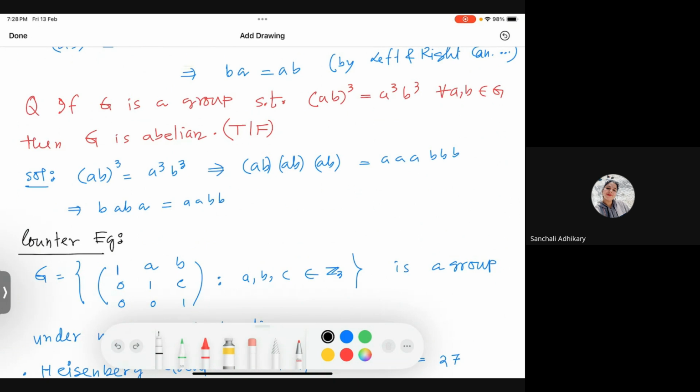If G is abelian, then (AB)^-1 is equal to A^-1 B^-1. Actually, the following I am saying: the following are equivalent. First, G is abelian.